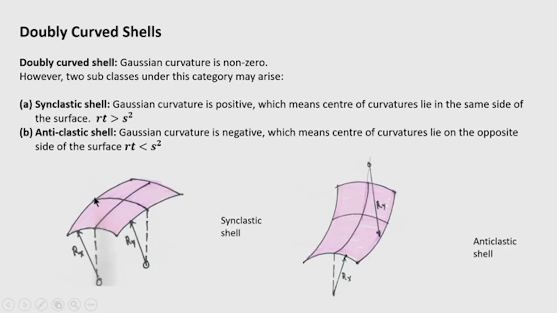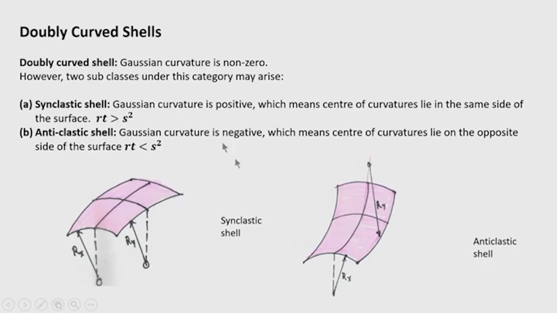So, the shell surface has curvature in both directions, and therefore the surface is such that the radius of curvature, or center of curvature of the radial line, lies in the same direction. So, it may be either convex or concave. Such type of shell is known as synclastic shell.